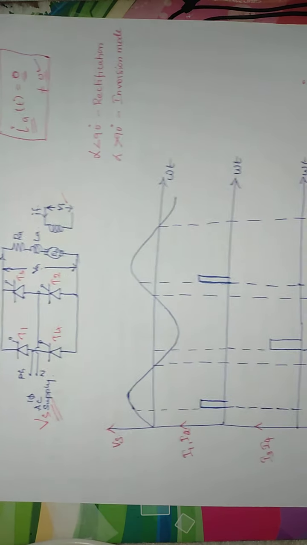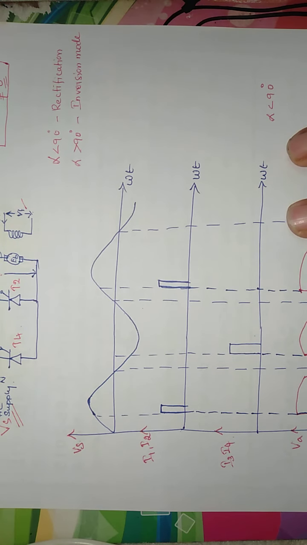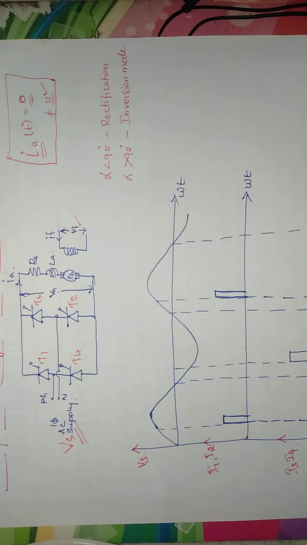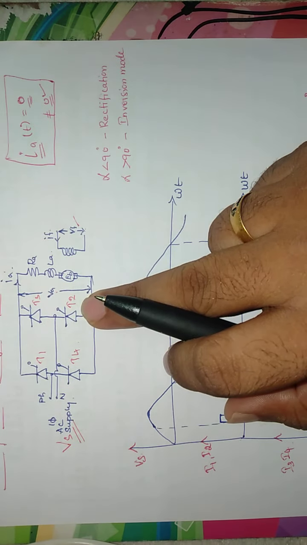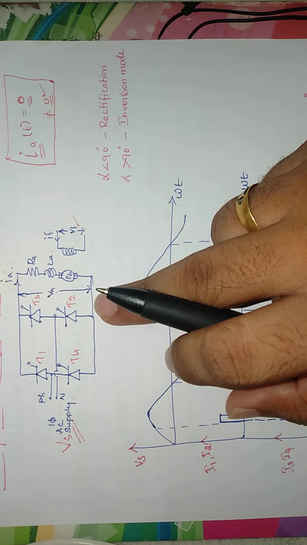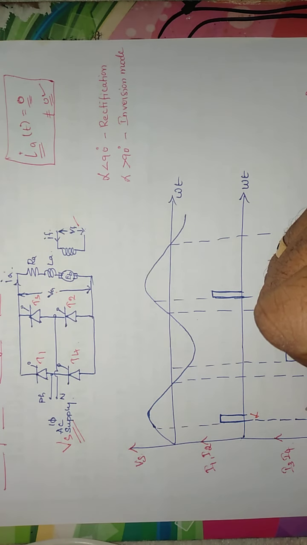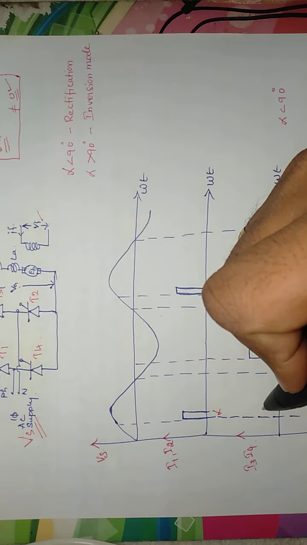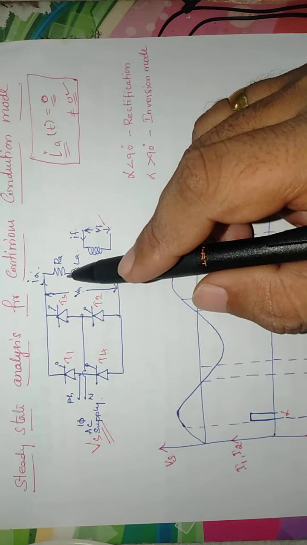In the graph waveform for continuous conduction mode, during the positive half cycle the switches T1 and T2 are forward biased, and they are triggered at omega t equal to alpha. Hence the output voltage is obtained as VA.